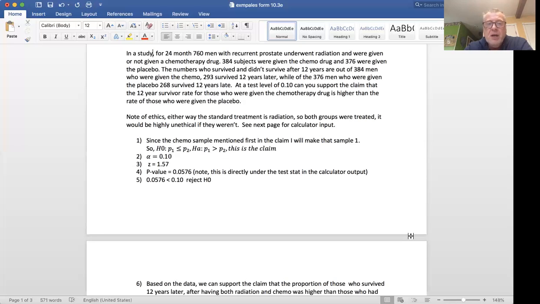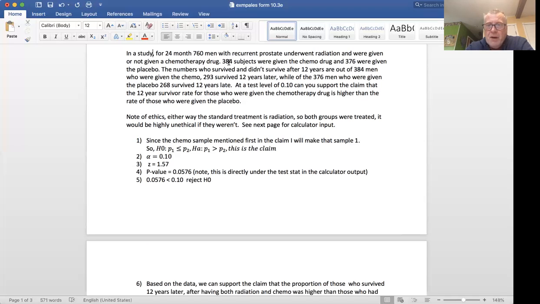So in a study of 24 months, 760 men with recurrent prostate cancer underwent radiation and were given or not given a chemotherapy drug. 384 subjects were given a chemotherapy drug and 376 were given a placebo.